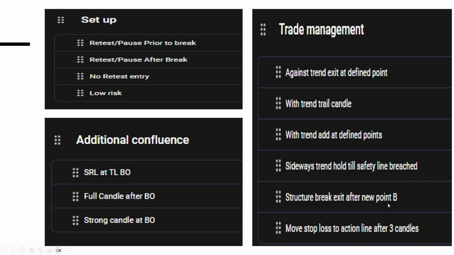It's created a new point B, and I feel like it's not going anywhere, and other criteria. Then I exit, whether it's in the money or out of the money. Then I can move my line and set up for a new trade. Move my stop loss to the action line after 3 candles.